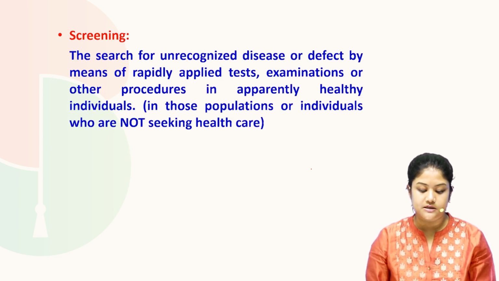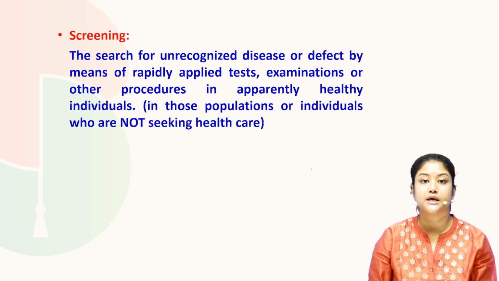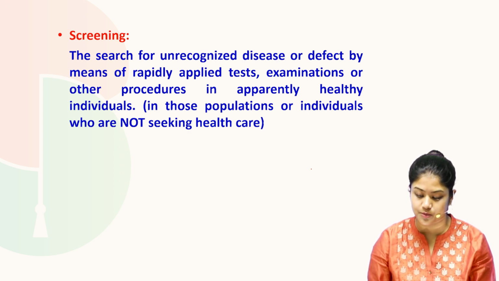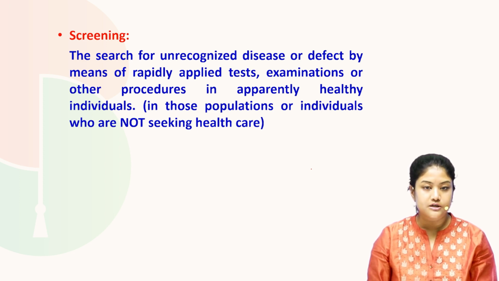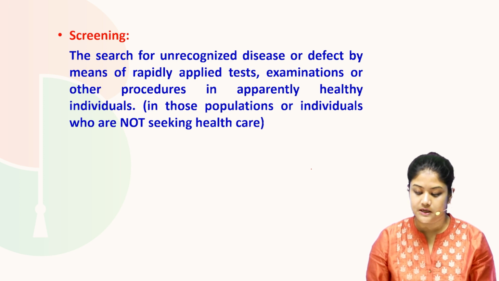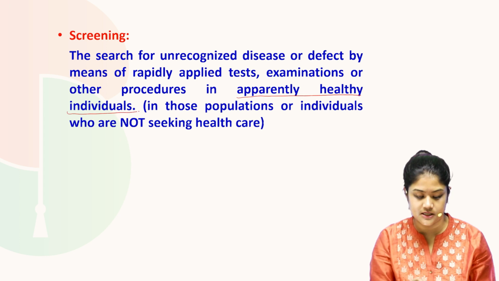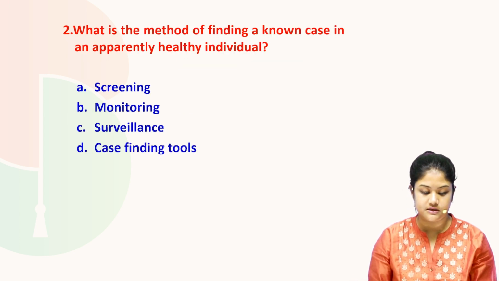It means the search for unrecognized disease or defect by means of rapidly applied tests, examinations, or other procedures in apparently healthy individuals, that is, in those populations or individuals who are not seeking health care. So in these kind of questions, we should be able to grasp the keywords, like in this question, apparently healthy individuals is the keyword.